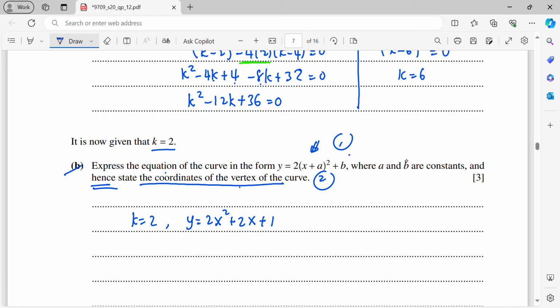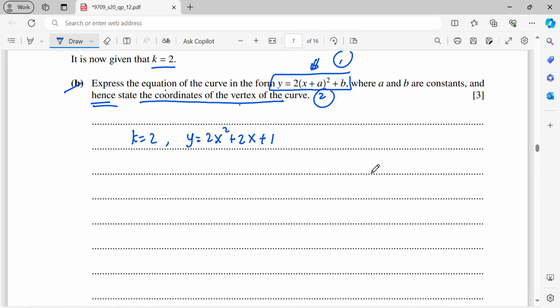Okay, so to get this form, this is basically completed square form. So according to the completing the square method, first step is to get the positive 1 for the coefficient for x squared, which means now I have to factorize 2 from all the terms. It will be x squared plus 1x. Then you can just leave it outside for the plus 1, because we have the plus b at the back.